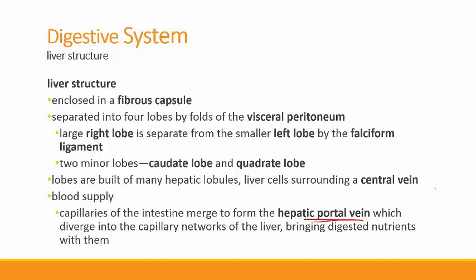So you go to a second capillary network prior to making it back to the heart. So the capillaries of the small intestine lead not back to the heart, but first to the capillary networks found within the liver. And in between those two capillary networks, we form large blood vessels called the hepatic portal vein.